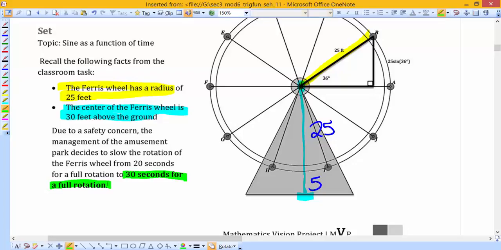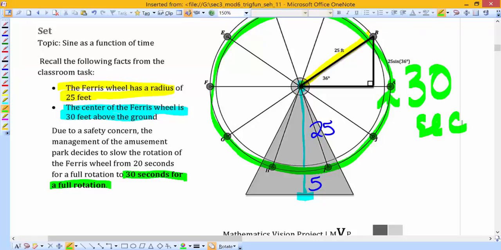So when it's saying that the full rotation, that's one revolution. So to go from A all the way around back to A takes 30 seconds. That's what that is telling me. To go all the way around is 30 seconds.